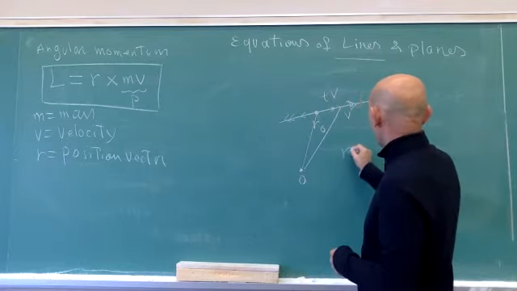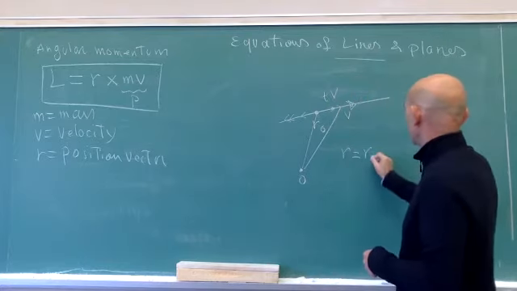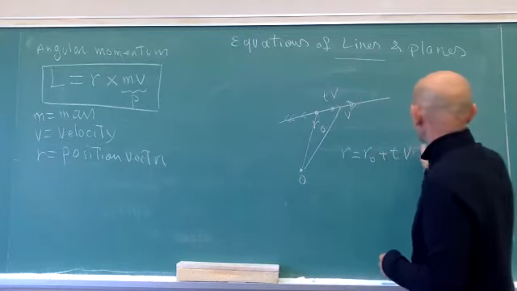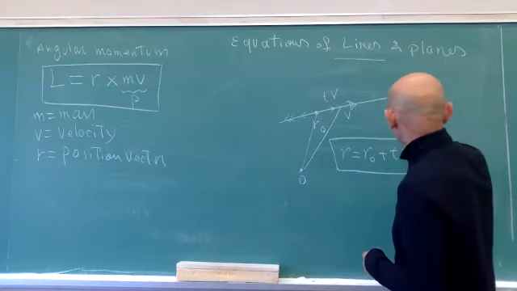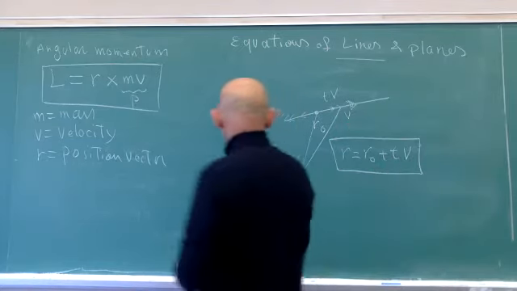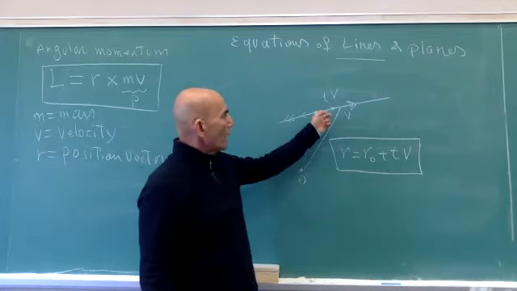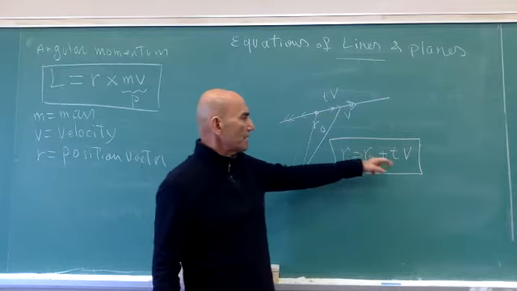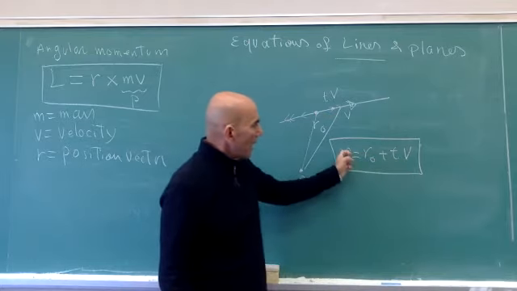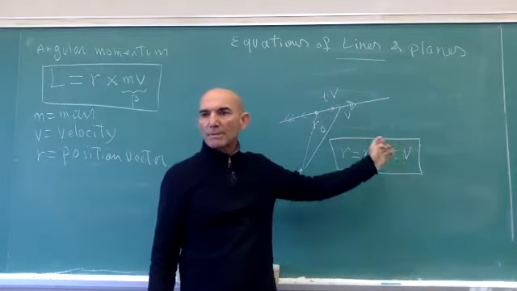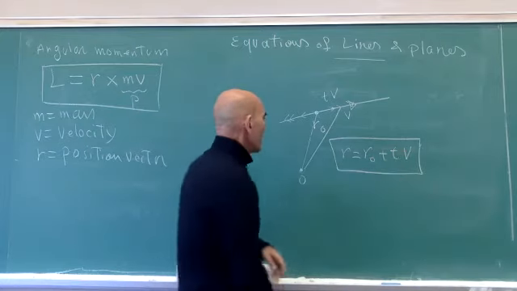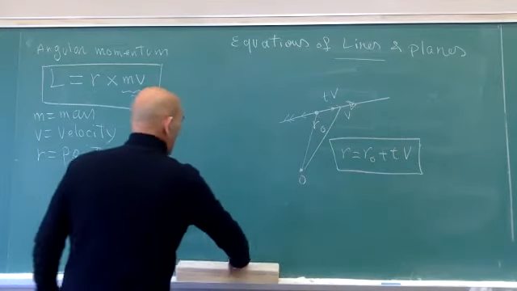So your R is going to be R0 plus tV. So very good. All of a sudden we discovered that if you know one vector which is on the line and the direction of the line, any other point on the line can be specified by this equation. So let me now write it down.